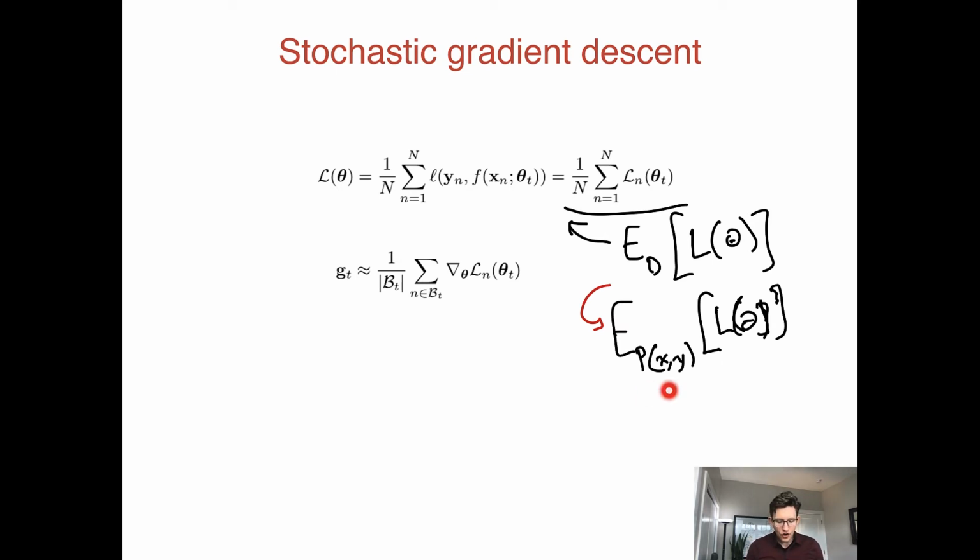over the true generative distribution of our examples x and y. So what we're really trying to do is optimize this model over all of the examples that it could possibly see, and we just have some limited training set of this.